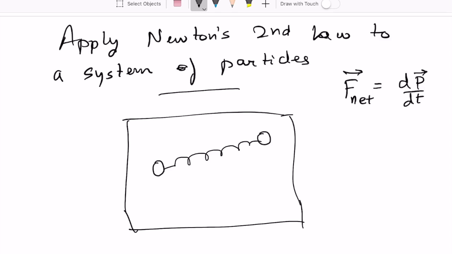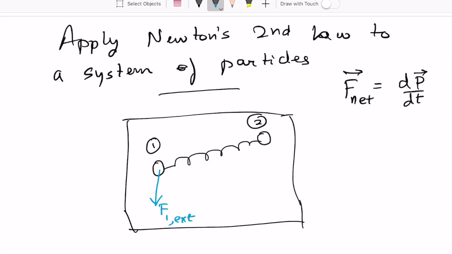So let's see. Let's call this particle number 1. And let's call this particle number 2, right? What are the forces acting on particle number 1? Well, there is one external force, which is the force of gravity, let's say. Let's draw that like this. So let's call this F1 external, right?